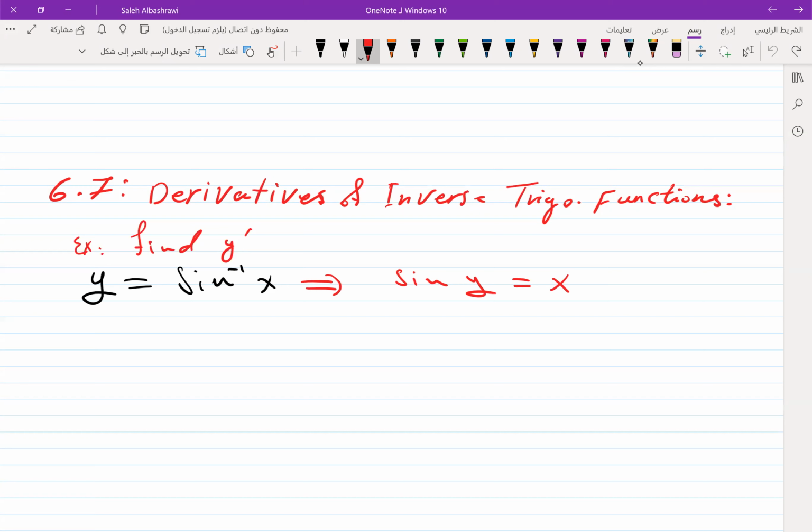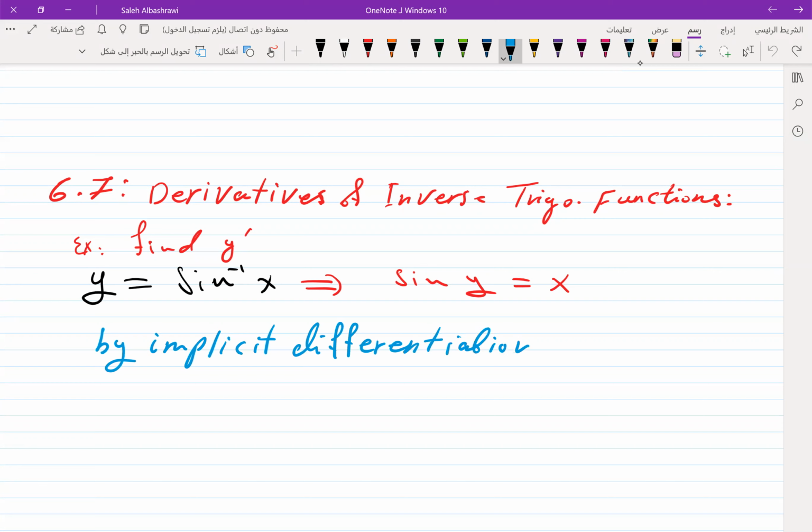Now, if we differentiate this function using implicit differentiation, if we differentiate the left-hand side, I will have cosine of y multiplied by y prime.